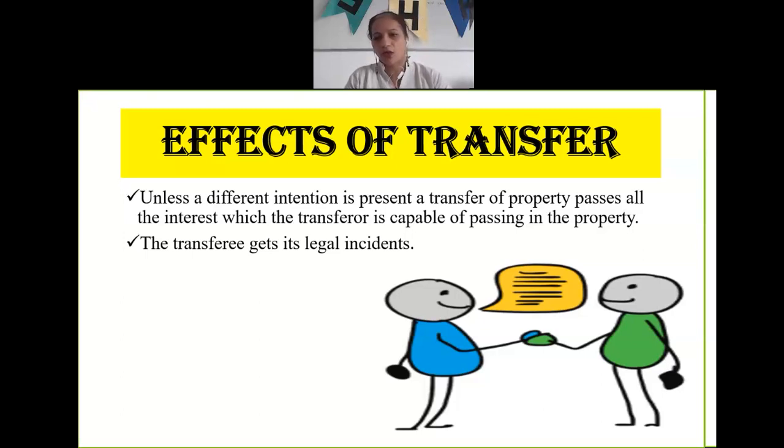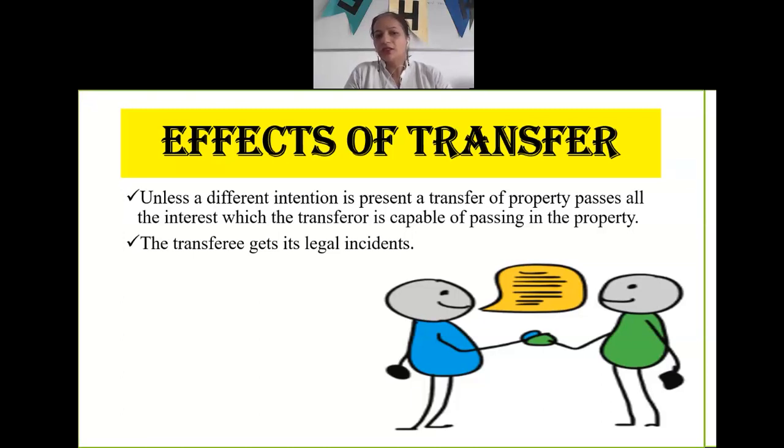Then what would happen? This transaction would not be considered a valid one. So what is important is that the transferor, that is, Roshan, should be in a position to transfer the right which he has as a tenant, and not a right which he does not possess as a tenant. So unless a different intention is present, a transfer of property passes all the interest which the transferor is capable of passing in the property.